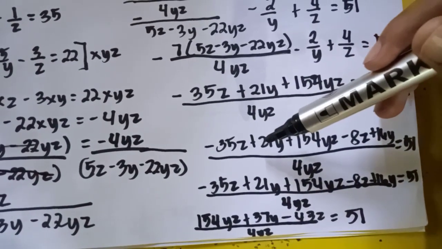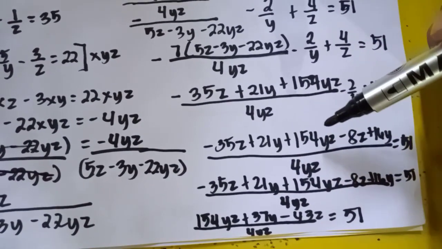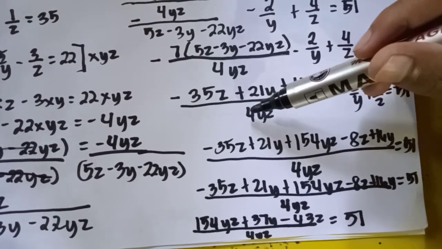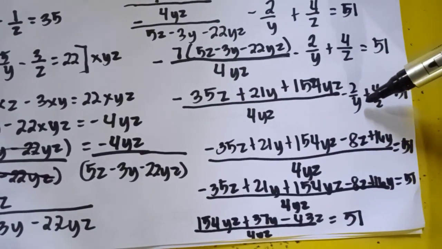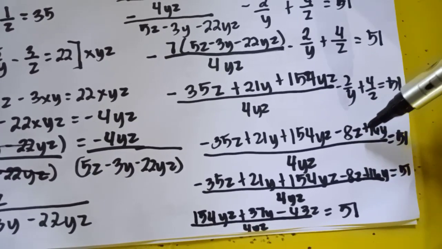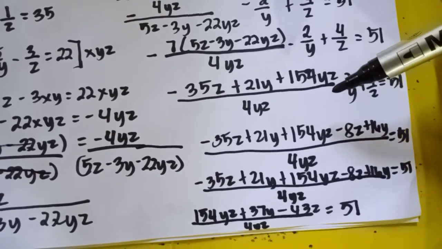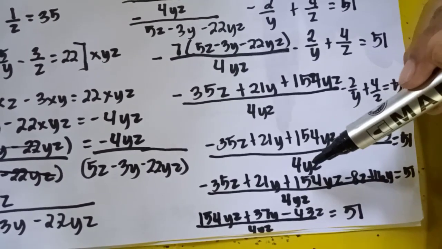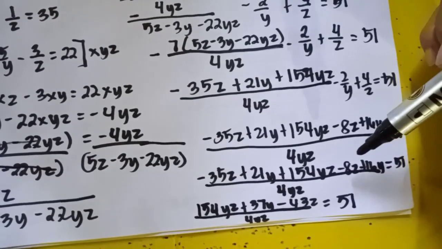Negative 35z plus 21y plus 154yz, and then 4z times negative 2 will give us negative 8z. 4 times 4y will give us positive 16y over 4yz equals 51.